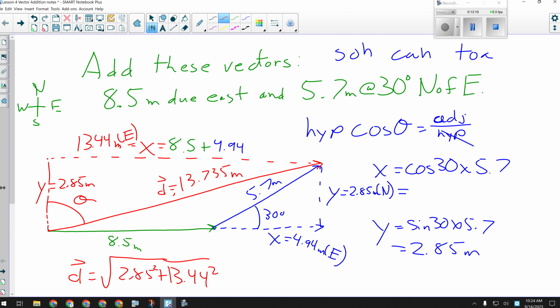Then I need to get this angle. At this point, you can use your favorite trig function if you have one, because you know all three sides of the triangle. My favorite is tan, because that's how I roll. So the inverse tan of the opposite side. For this angle, the opposite side is the 13.44, divided by the adjacent side, 2.85.